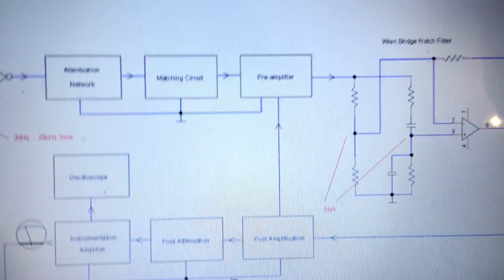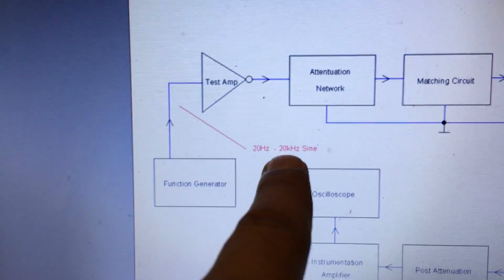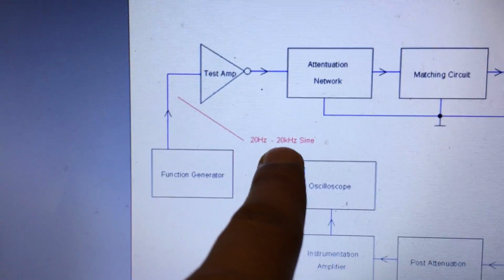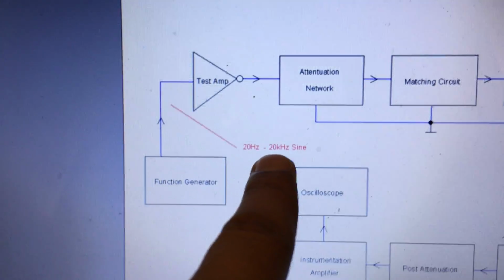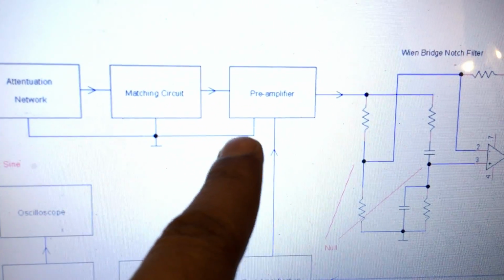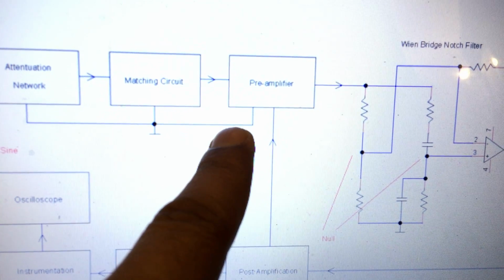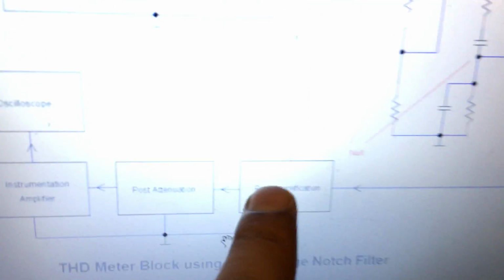This kind of connection is required so that you can choose the appropriate filter on both sides. For example, this frequency range is up to 20 kilohertz, isn't it? So you can have a range of 10 kilohertz, with an amplifier well capable of amplifying the signal between 20 hertz to say 10 kilohertz, and this post amplification is also applicable up to say 10 kilohertz.